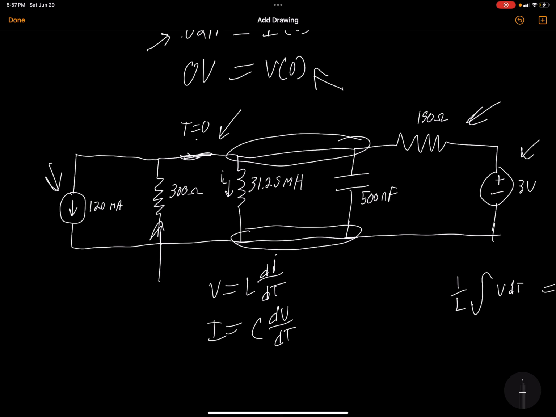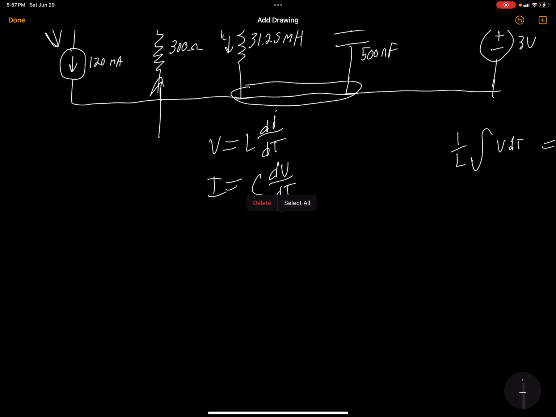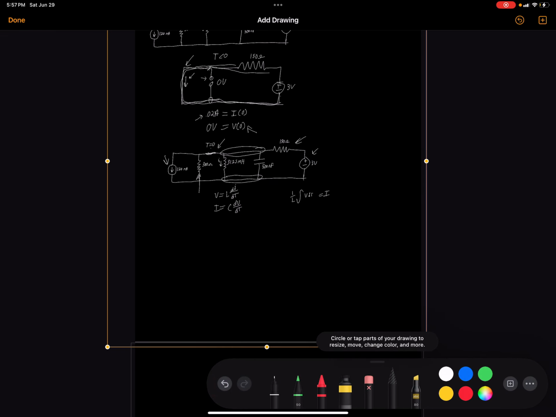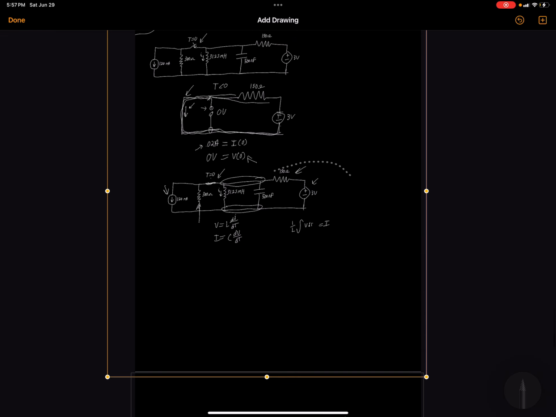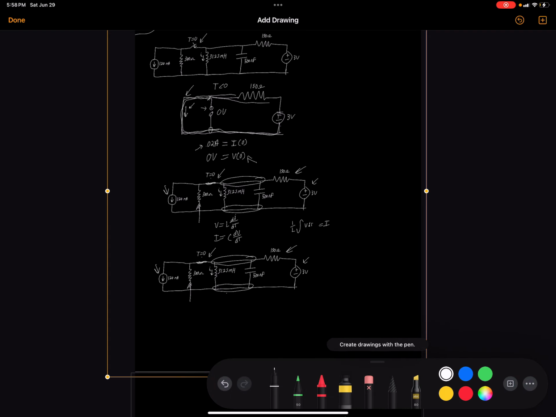Okay, and for t after 0, that switch is closed. And we need to find out the final value for said circuit for t after 0. Then we can find what the general solution will be.